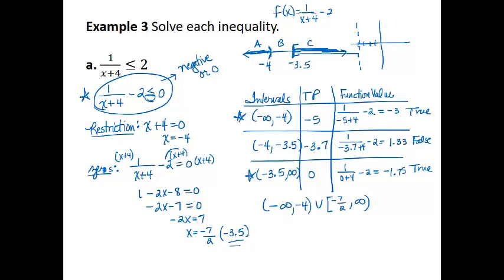And our horizontal asymptote is going to shift down 2 units. So y equals negative 2 is a horizontal asymptote. x equals negative 4 is the vertical asymptote.